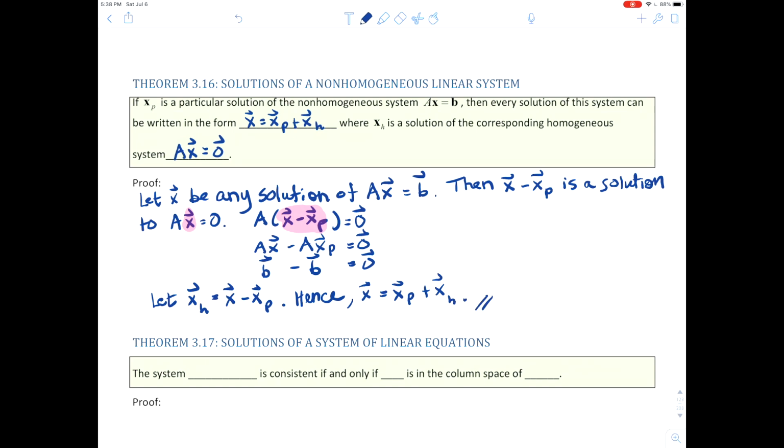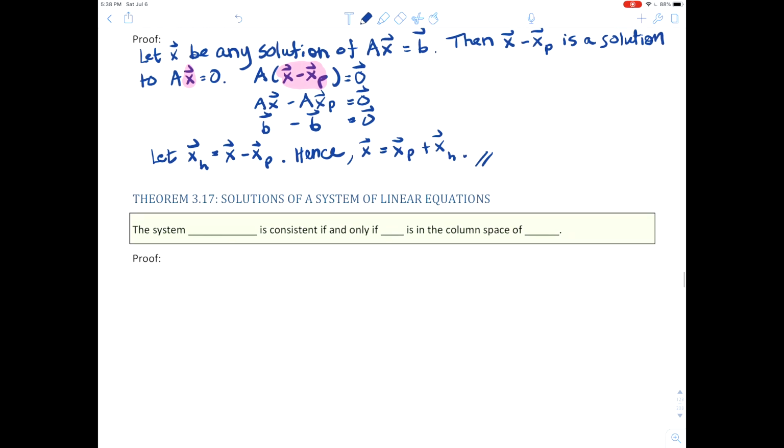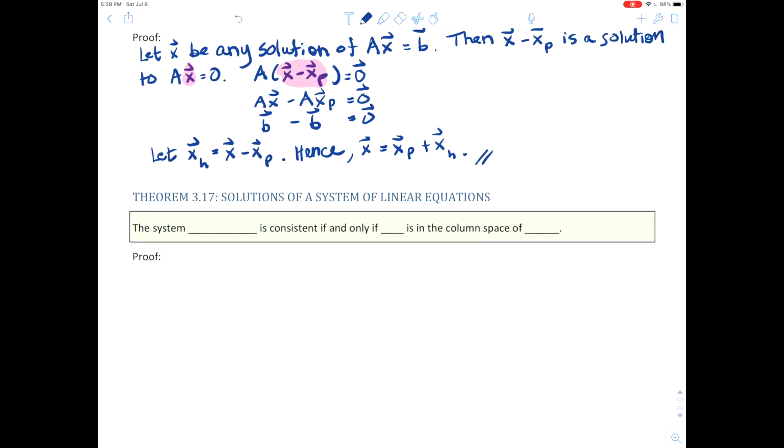Cool, cool? All right, so here's another theorem. Solutions of a system of linear equations. The system A times X is equal to B is consistent if and only if B is in the column space of A. All right, well, let's take a look. A is M by N, right?